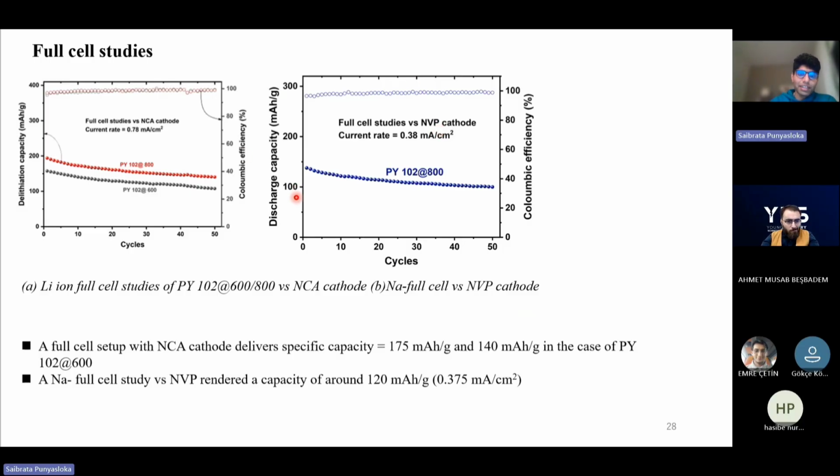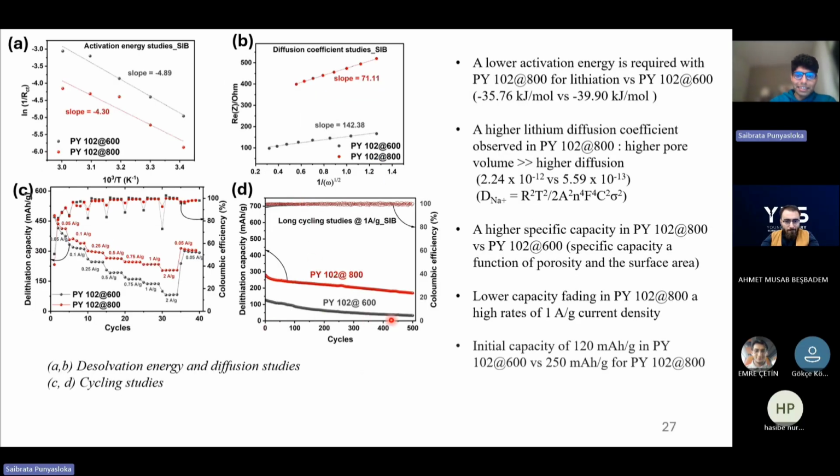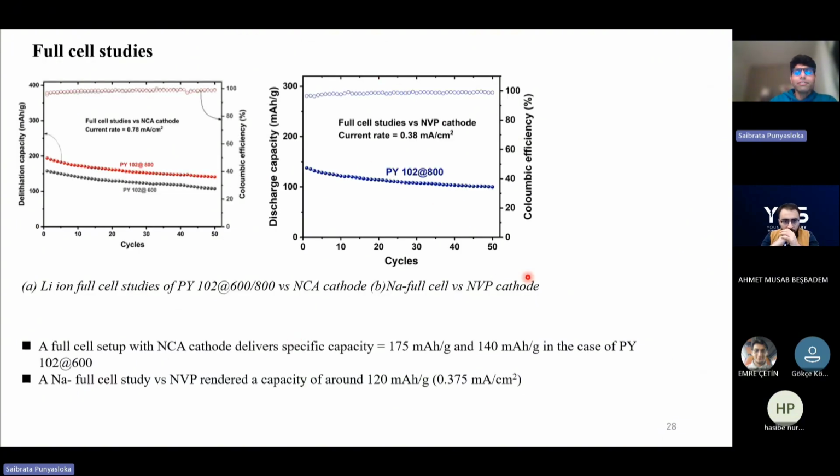If you look at the performance, it is almost touching zero after 500 cycles at 1 ampere per gram, and the capacity is pretty low even at 0.75. So I just conducted it for 800, and it gave a very decent capacity, I would say, at a current rate of 0.375 mA per centimeter square.